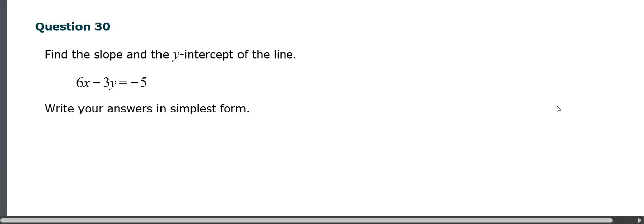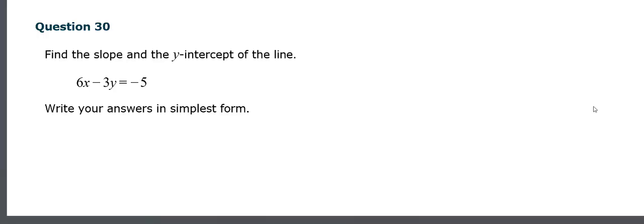Our next example, find the slope and the y-intercept of the line 6x minus 3y equals -5. So remember, our goal is to solve for y, so we can write it in slope-intercept form, y equals mx plus b.